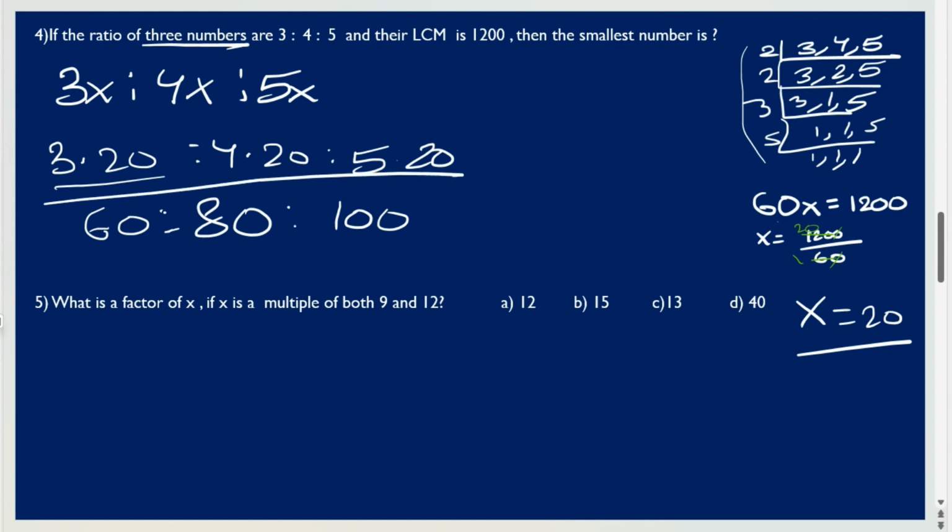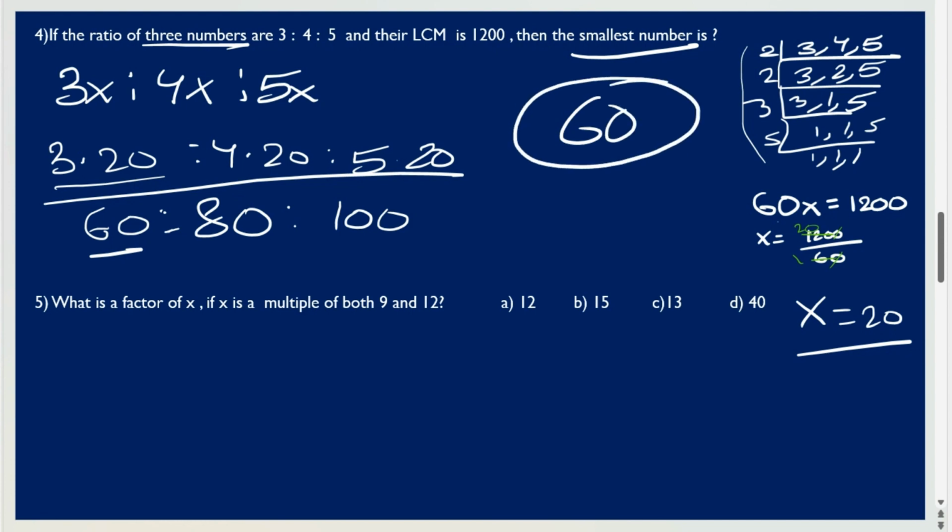So 60, 80, and 100. Now I want to know what the smallest number is. So it's going to be 60, right? Out of 100 and 60, 60 is going to be the least number, or smallest. And so 60 is our answer.